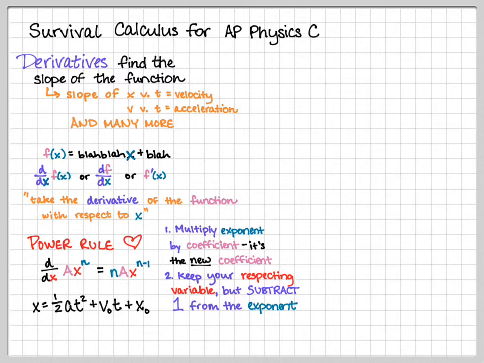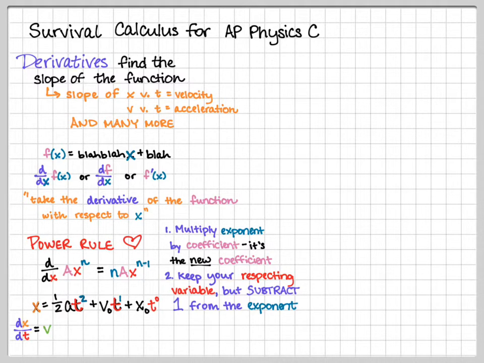So I'm going to derive the velocity equation from this position function. So let's make this a little more colorful. Time is our variable that we are deriving with respect to. Our exponents, I've added a couple in case they weren't obvious. And then we're just going to go with it.